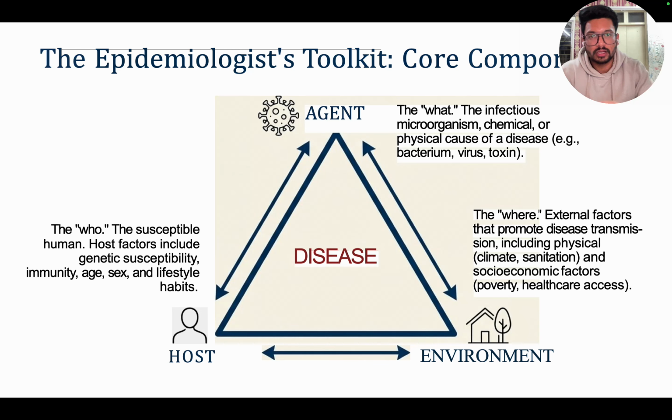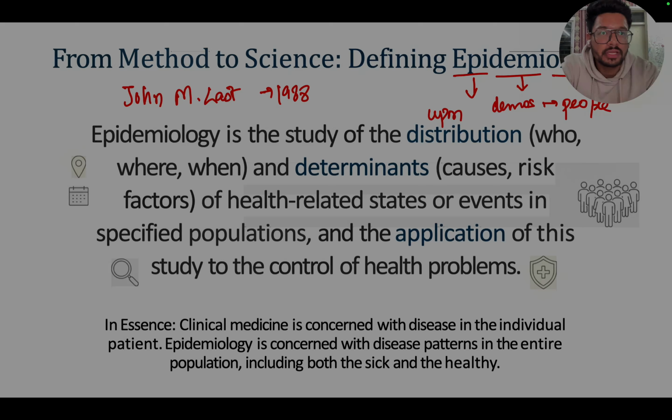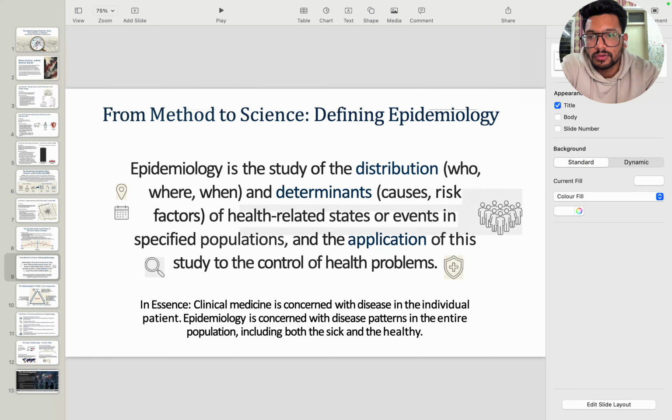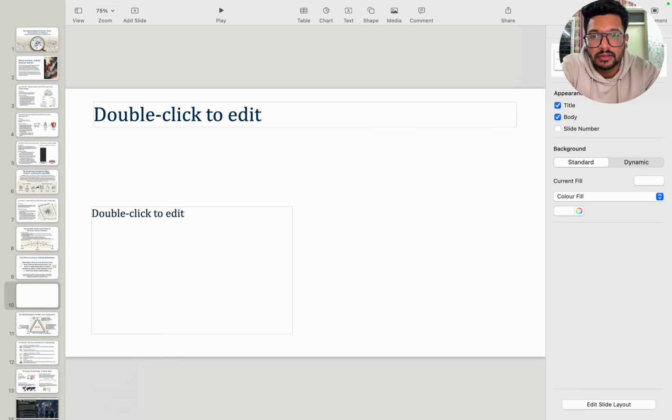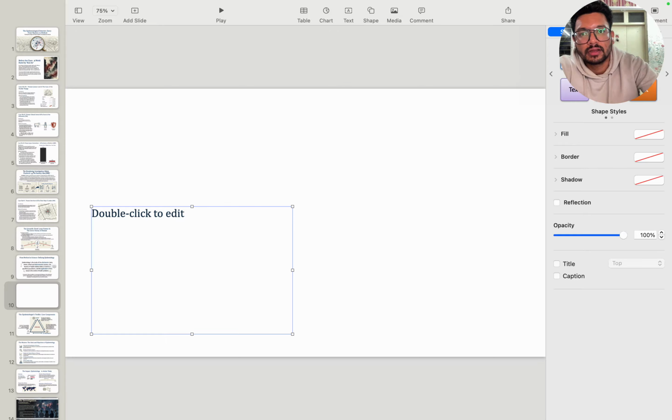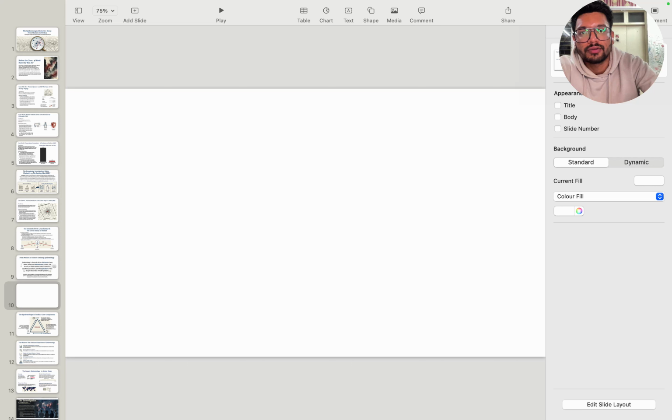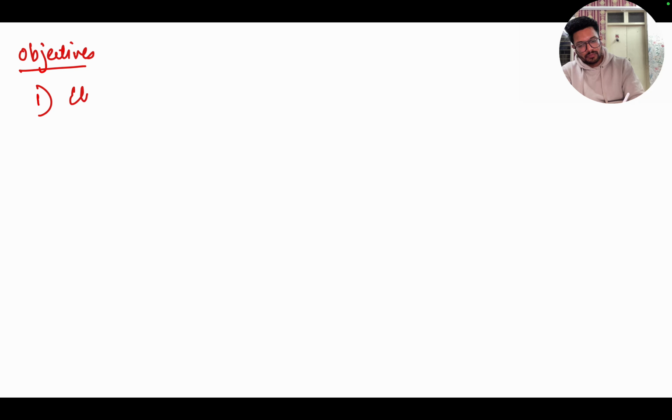Now let's talk about the objectives of epidemiology. I will write down each and every objective of epidemiology. Let's prepare a new slide. If we talk about the objectives of epidemiology, the first objective is to investigate the etiology of disease and modes of transmission of disease.